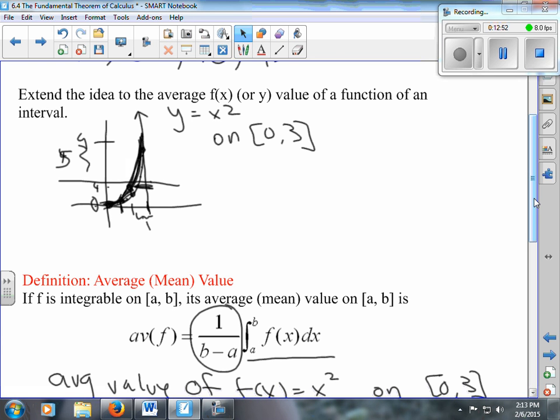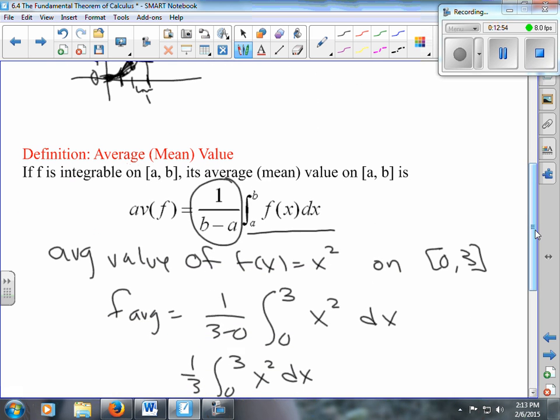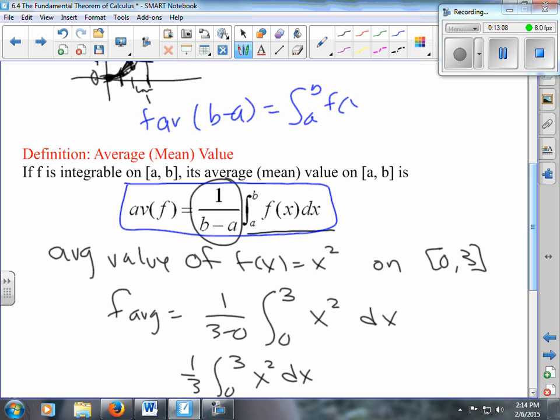Another thing this means is, if you look at this definition, if you take the average value of f and multiply it by b minus a, you get the area, the integral from a to b of f of x dx.